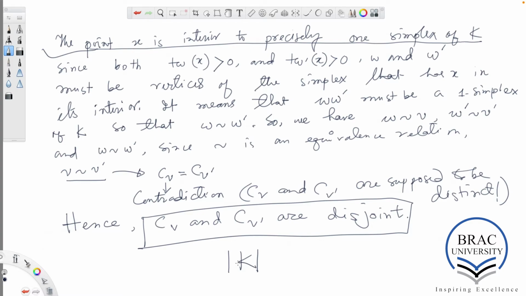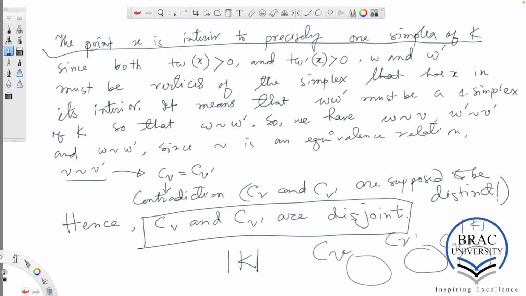Okay, so you have this guy mod K, which consists of various components. Each of them is such a CV. So this is CV prime, this is CV double prime, something like this.